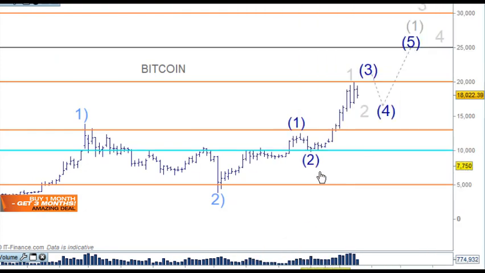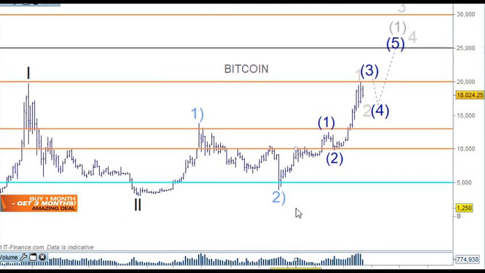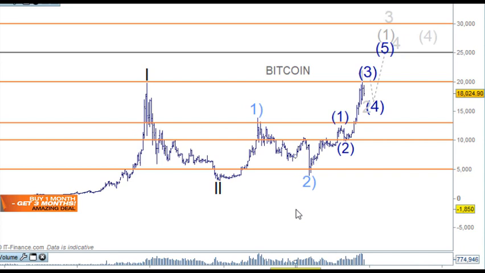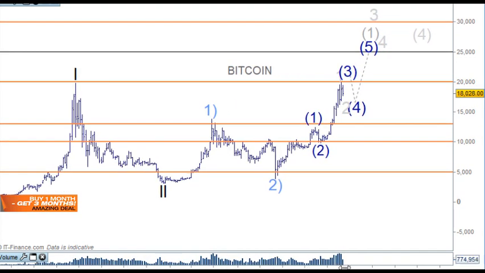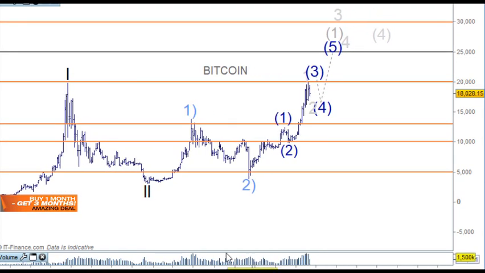So coming over to Bitcoin, this is the weekly chart. This is what I've held here as the count in terms of a bullish market. I suppose we could look at this here too as an A, a B, and a C wave up here. But like I said, we don't have 5 waves up here. We only have 3.